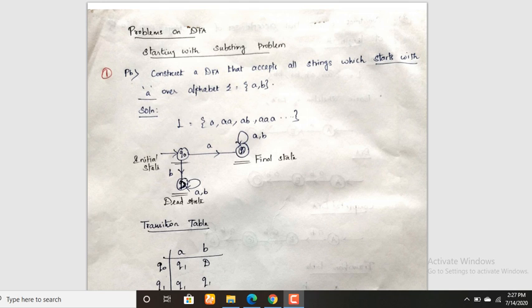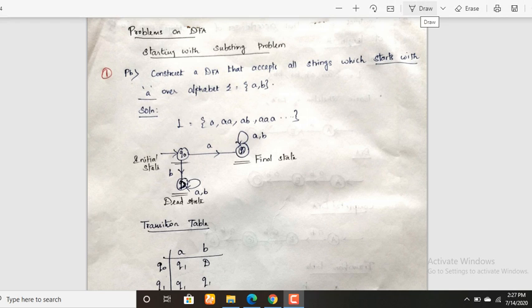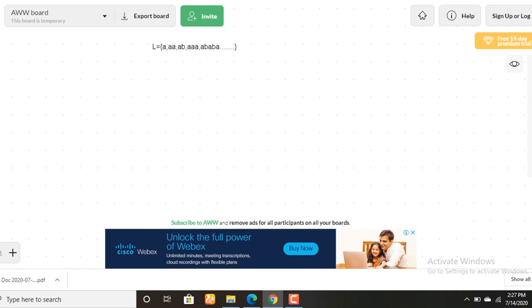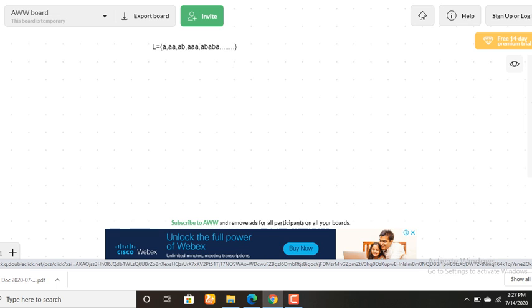I used Q0 here. This is your starting state, marked with an arrow. So this is the starting state Q0.